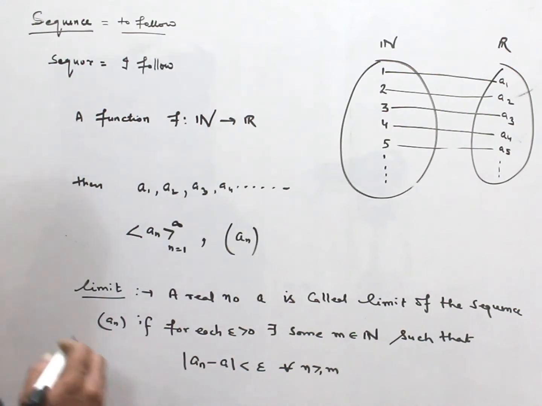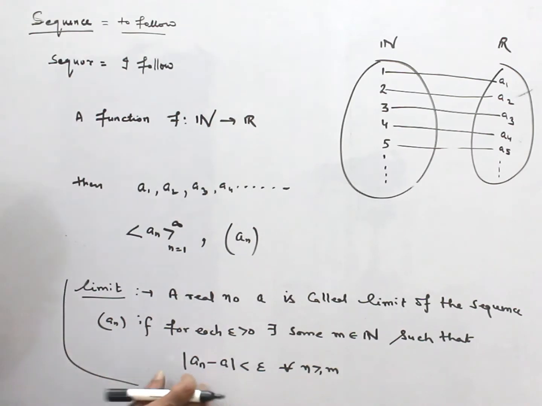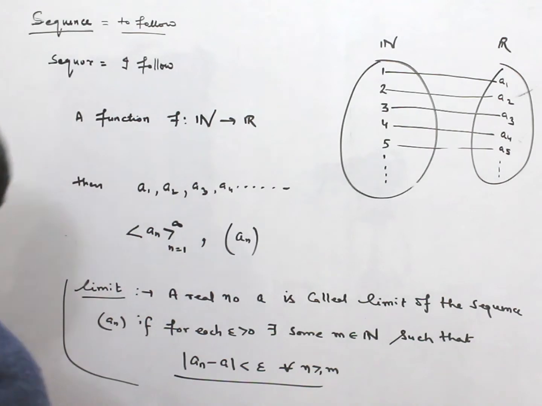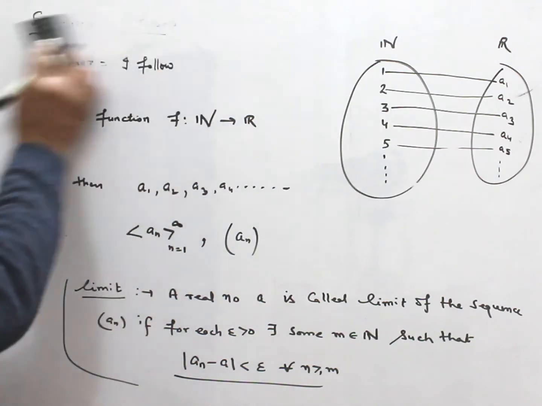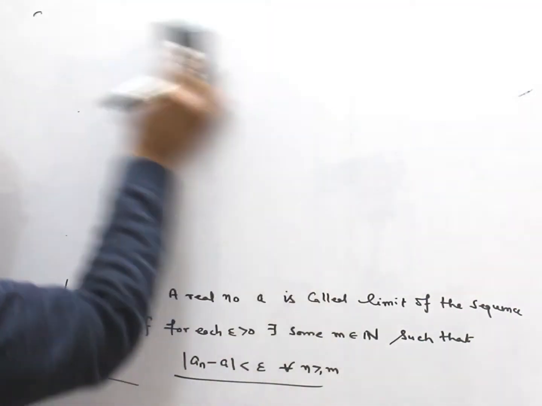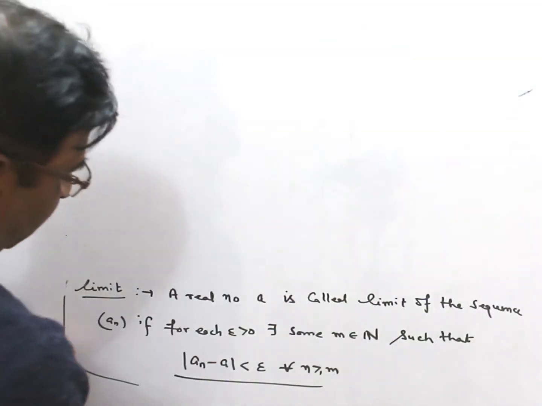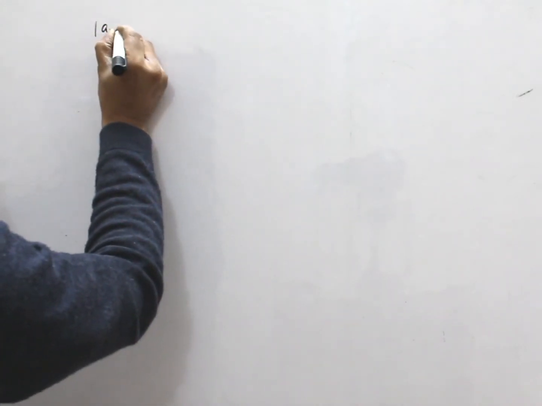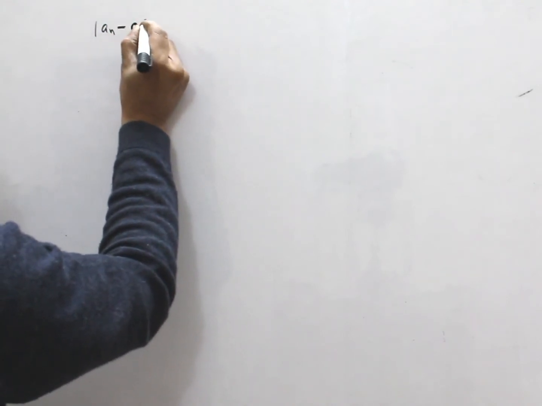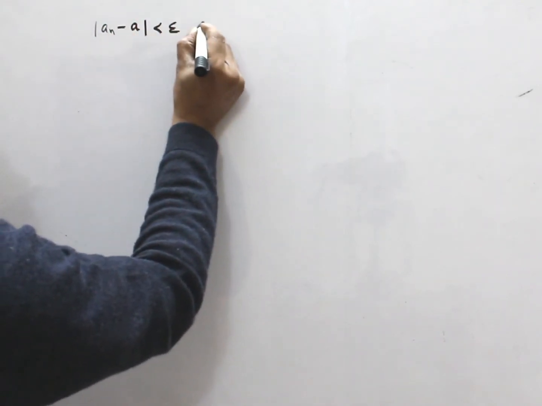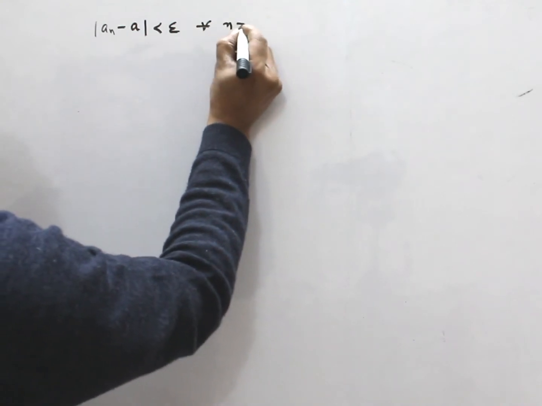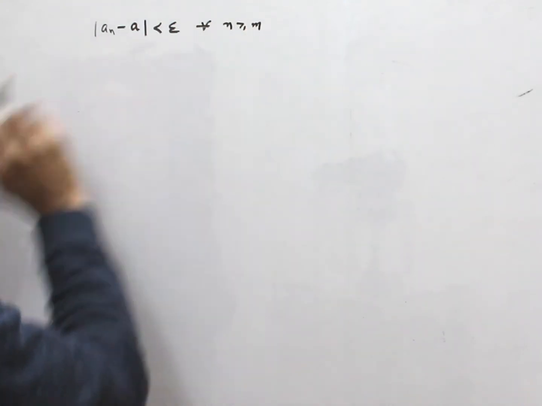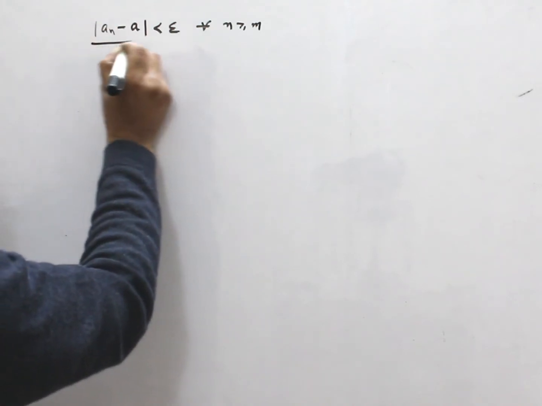So first you need to remember this definition. I will explain the meaning of this. What is the meaning of the absolute value of an minus a less than epsilon for all n greater than N? First we understand this.